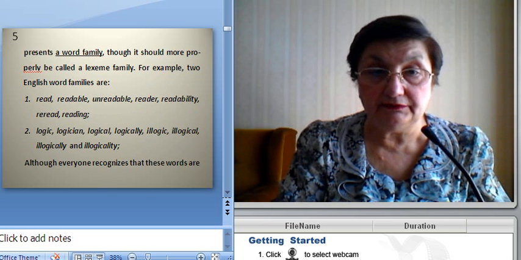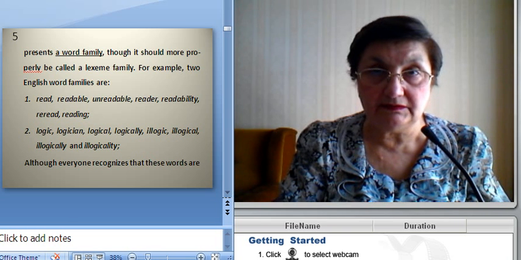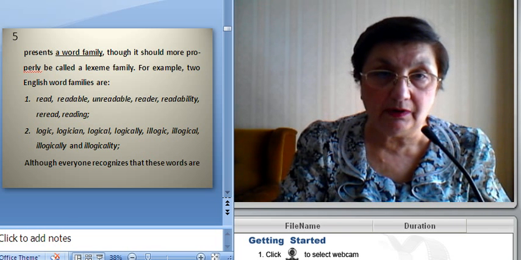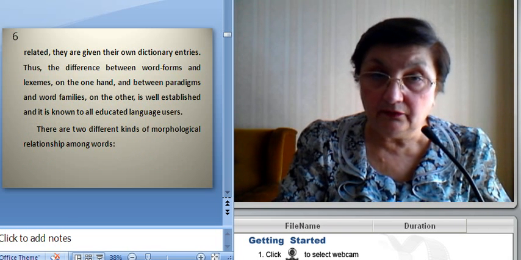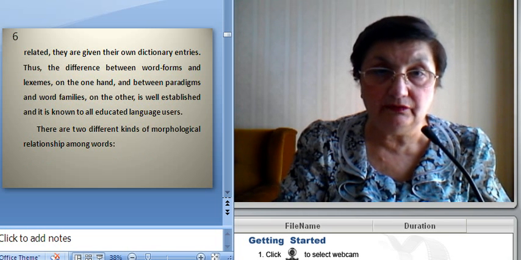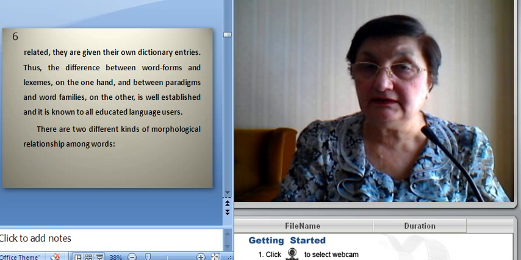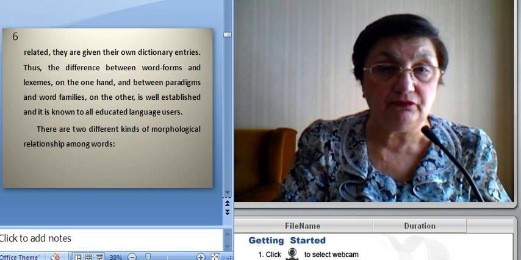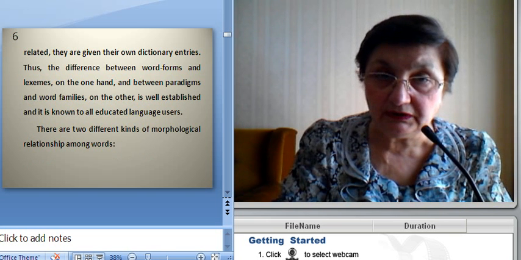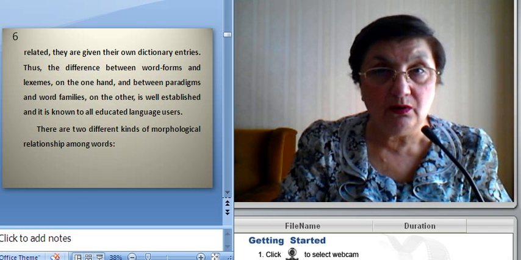Although everyone recognizes that these words are related, they are given their own dictionary entries. Thus, the difference between word forms and lexemes on the one hand and between paradigms and word families on the other is well established and it's known to all educated language users.